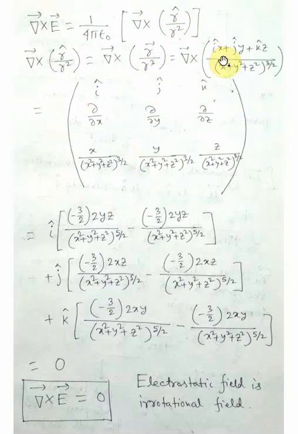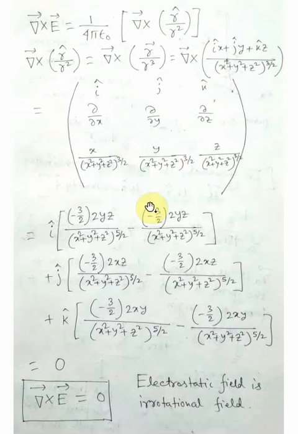Whenever we are dealing with r vector, that tells us that this electric field has spherical symmetry. So we are considering a sphere, and that radial vector we can write like this: I x plus jy plus kz, and r is basically root over x square plus y square plus z square. So that becomes x square plus y square plus z square to the power 3 by 2.